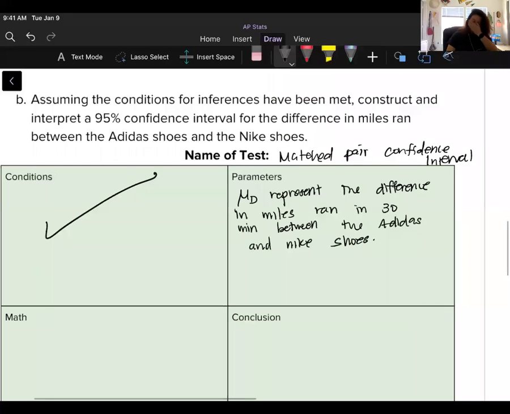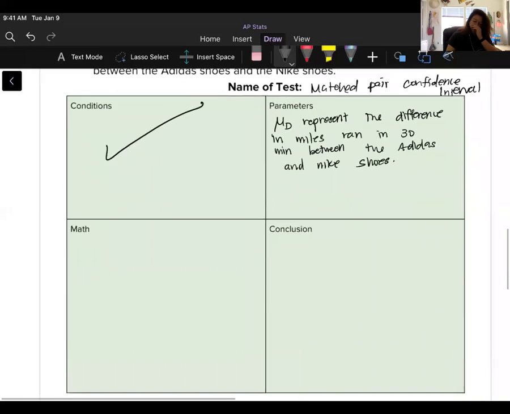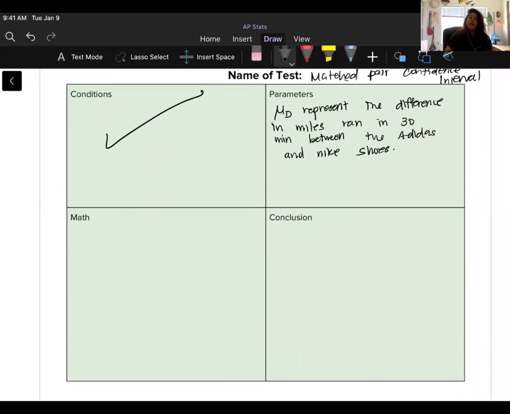Okay. Now, to do the math, right, we need to find X bar D and standard deviation D.